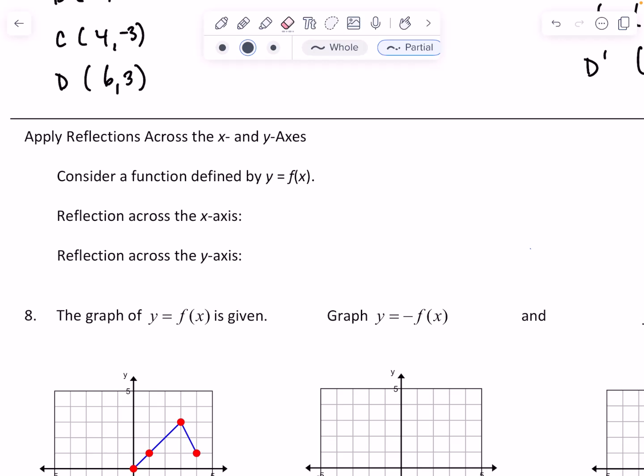And we've seen in all our previous examples that when we're changing the y-coordinate, that change happens on the outside of the function definition. So to reflect across the x-axis, we're going to put the negative on the outside, like that. Ultimately, for each point we're going to multiply the y-coordinate by -1.